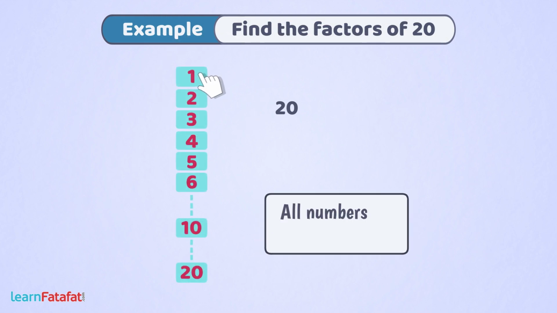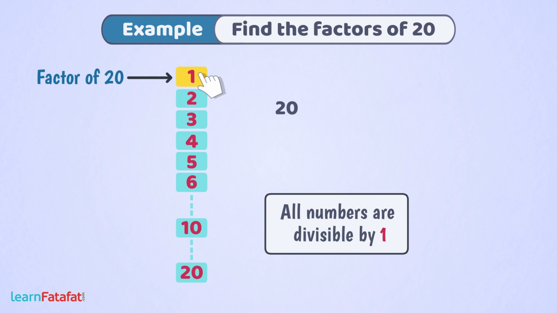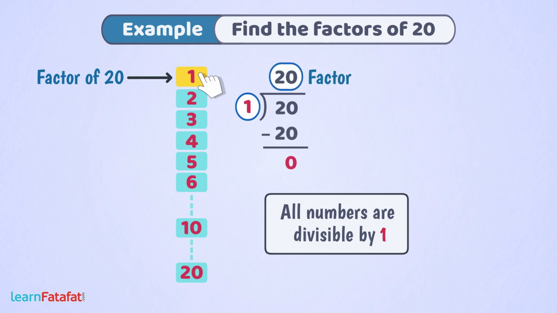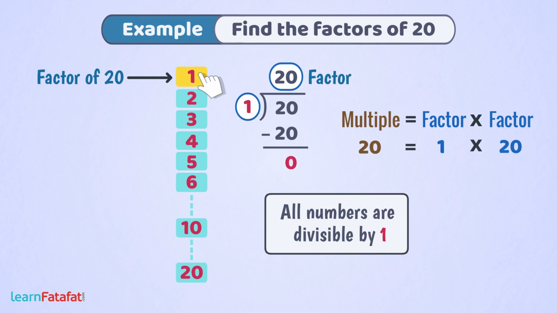We know that all numbers are divisible by 1, so 1 is a factor. If we divide 20 by 1, then we get quotient 20. This is another factor. So let's write factors in product form as 20 equals 1 multiplied by 20. Here, 1 and 20 are factors.